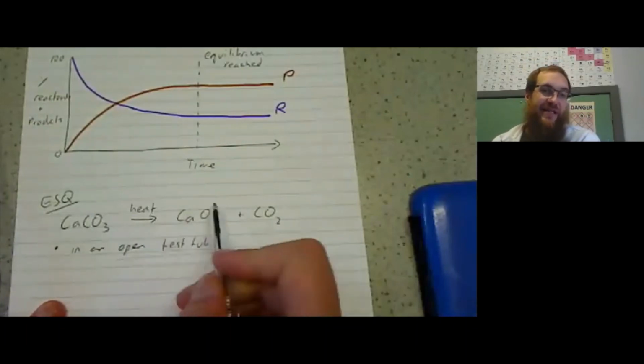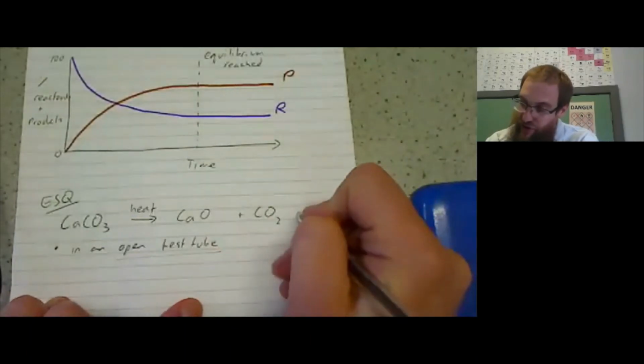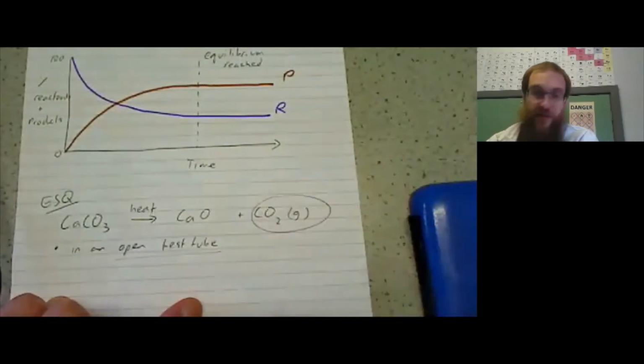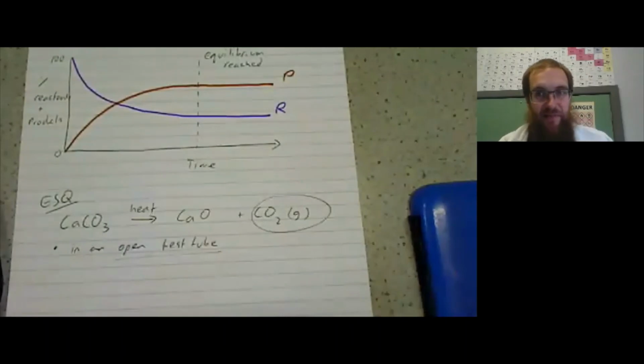Do we have any gases involved here? Yes, we do. This carbon dioxide is a gas. Because the carbon dioxide can move out of the test tube, it means that you haven't got all the ingredients to reform our original reactants. So it can't form a dynamic equilibrium.